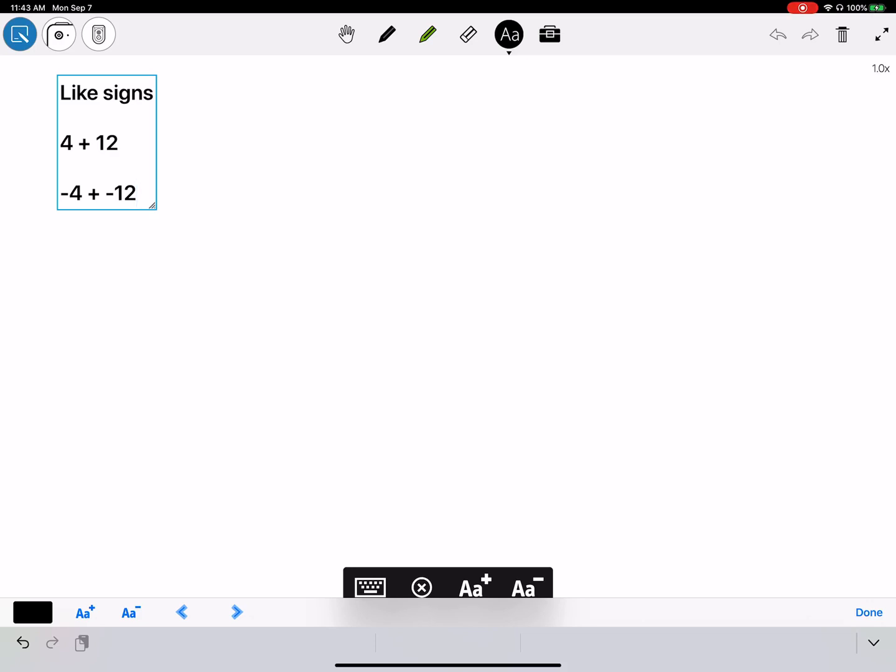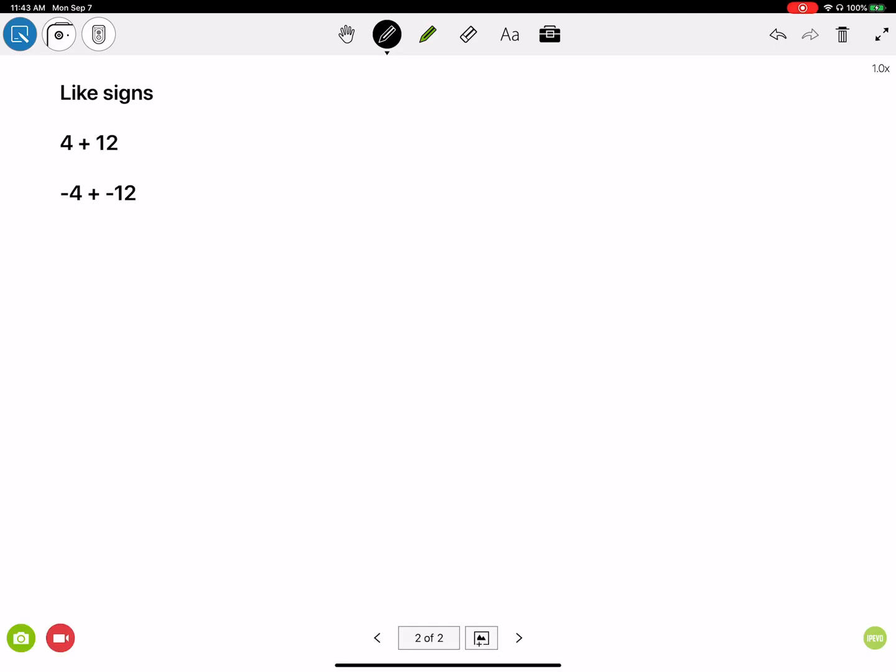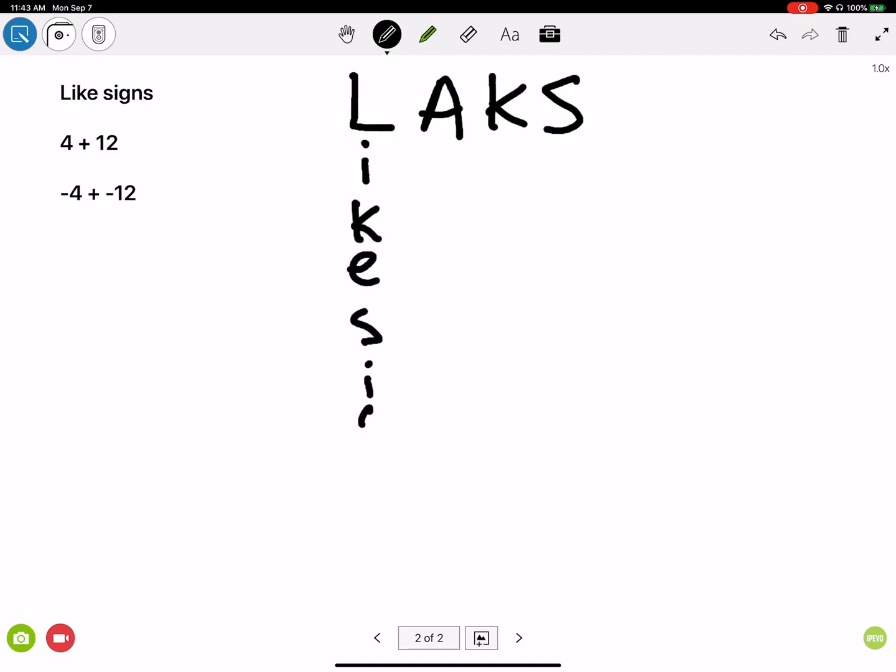okay? So I want you to remember a little acronym, and we're going to call this LAX, okay? This means like signs, when we're adding, we add like signs and we keep the sign.